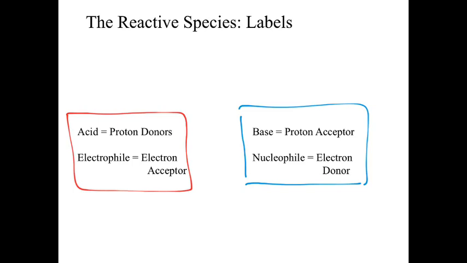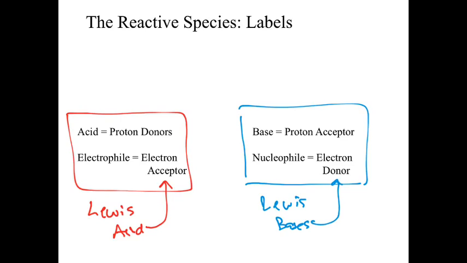And it all centers on how the electrons move, which is why we get the definition of Lewis acids as electron acceptors and Lewis bases as electron donors.